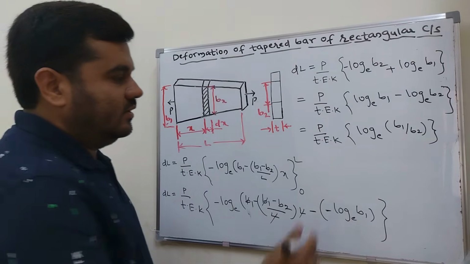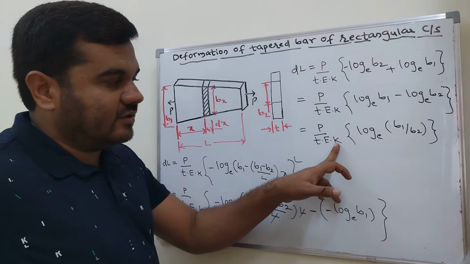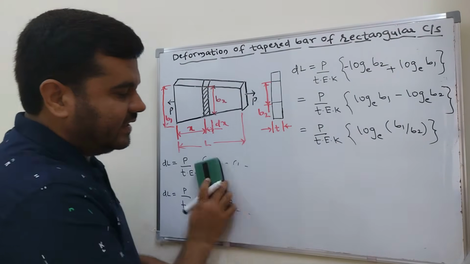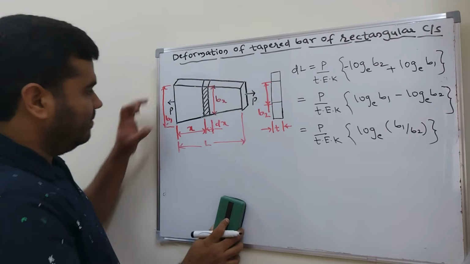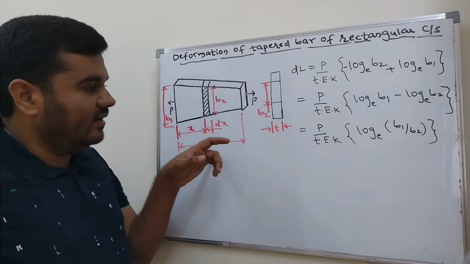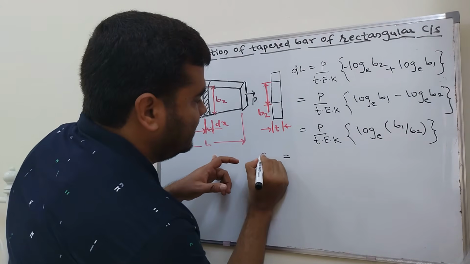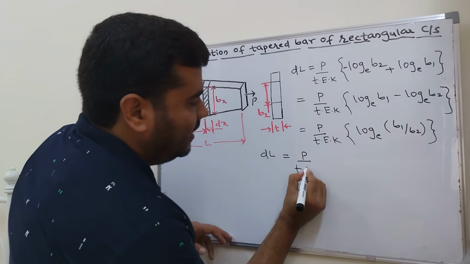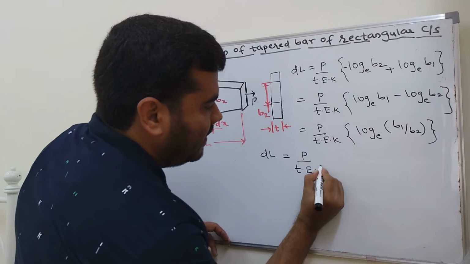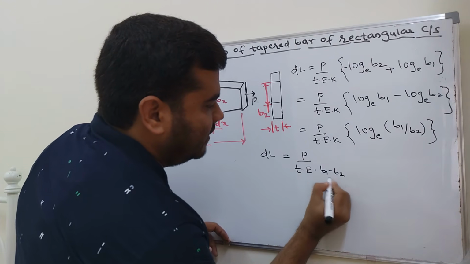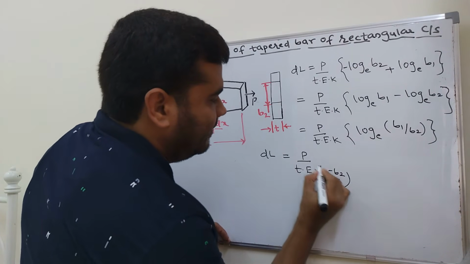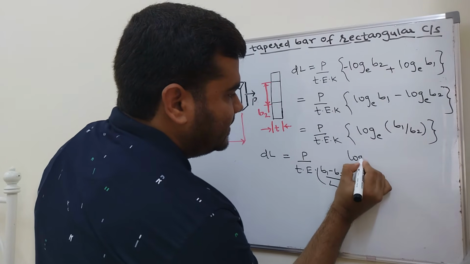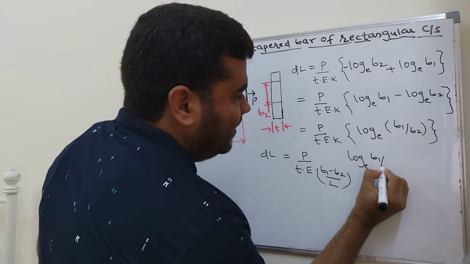Next, substitute the k value here also. What is the k value here? k is b1 minus b2 divided by L. Now I will substitute that: deformation of the bar dL equal to P divided by t into E into b1 minus b2 divided by L, divided by L into log to the base e of b1 by b2.